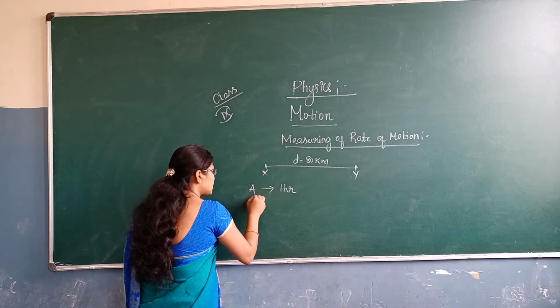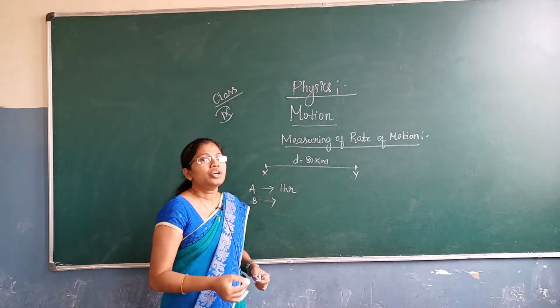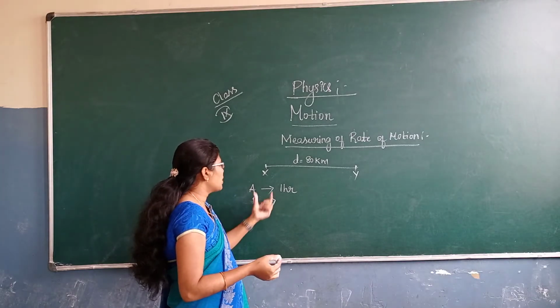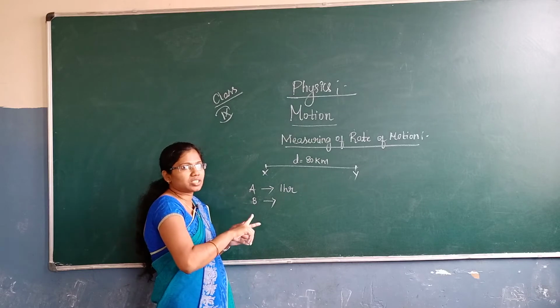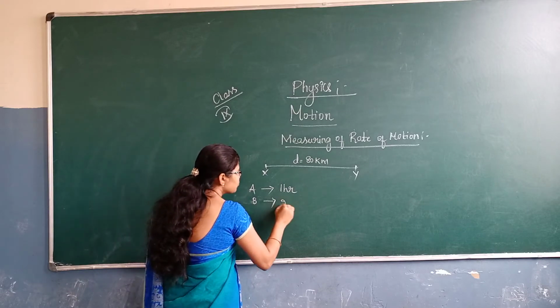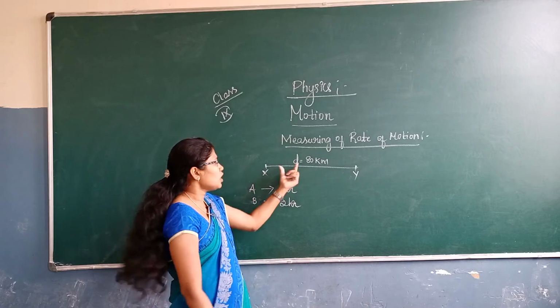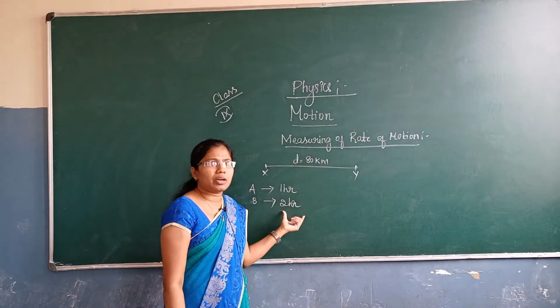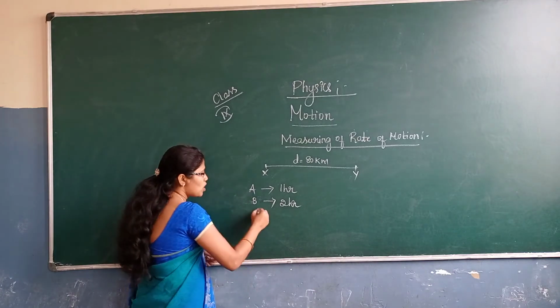Next we shall consider another person, person B. How much time has this person taken to cover the same distance, 80 kilometers? He has taken a time of 2 hours.